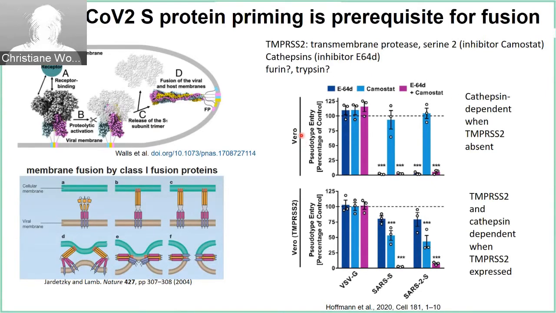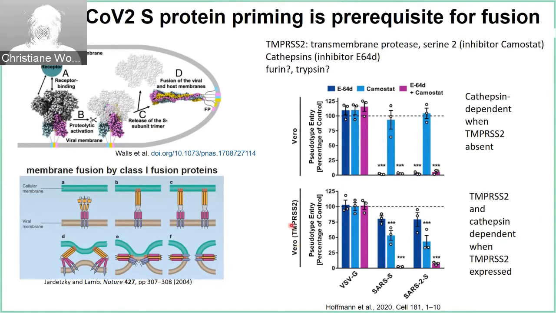So vero cells express ACE2, but they do not express TMPRSS2. And so in the cells when only cathepsins are active, if you inhibit the cathepsins with E64D, you can see that SARS-1 or SARS-2 entry is being inhibited, while the TMPRSS2 inhibitor did not have any effect.